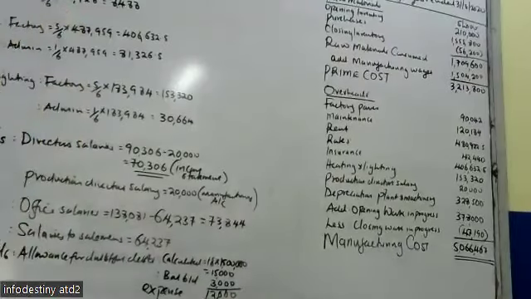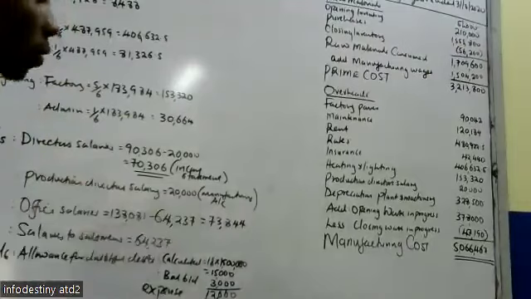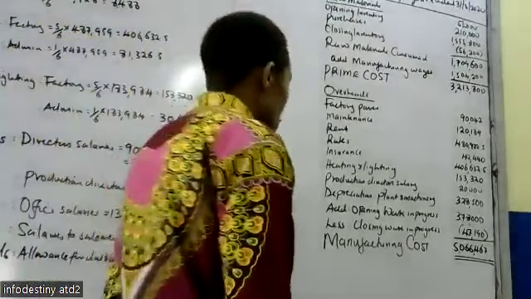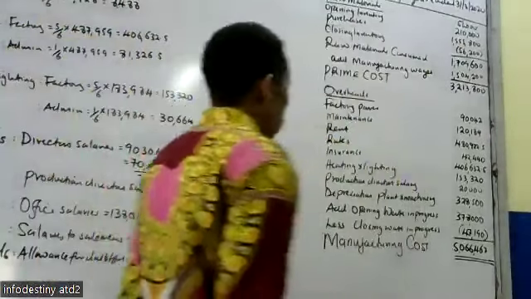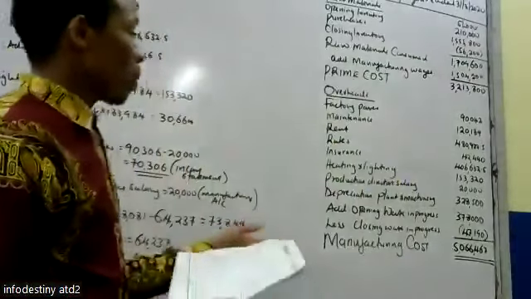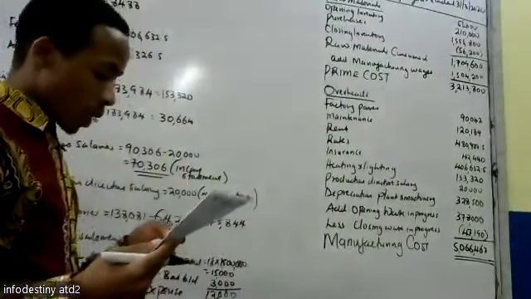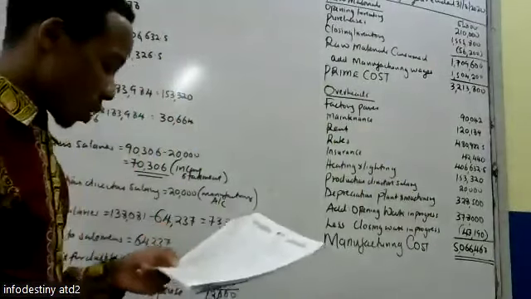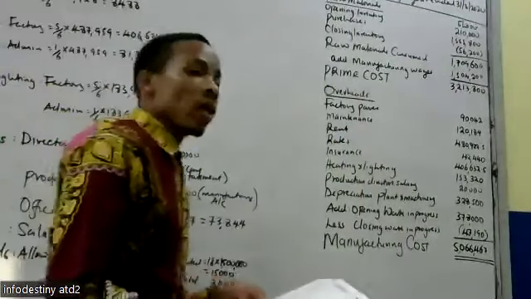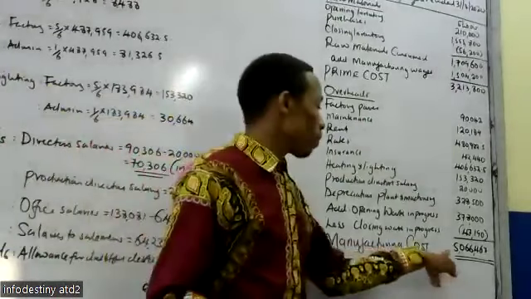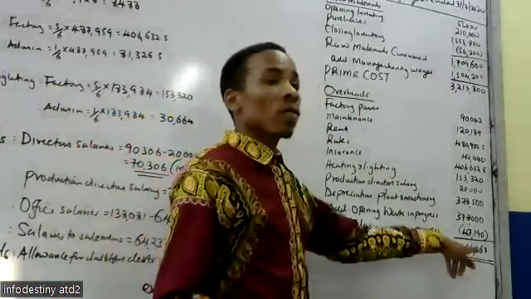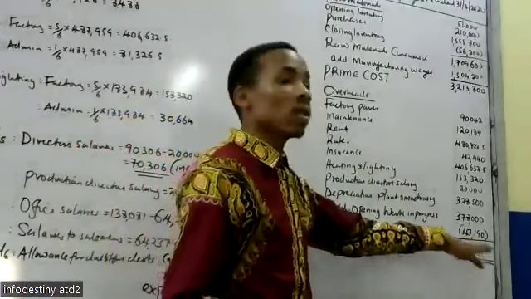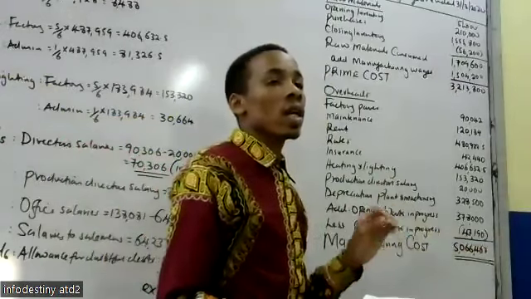Okay. So that means our figure is correct, so we continue. That is the total manufacturing cost. So we can go back to additional information 8. They produced 1,500 units. That means they incurred 5,066,467 to produce 1,500 units.